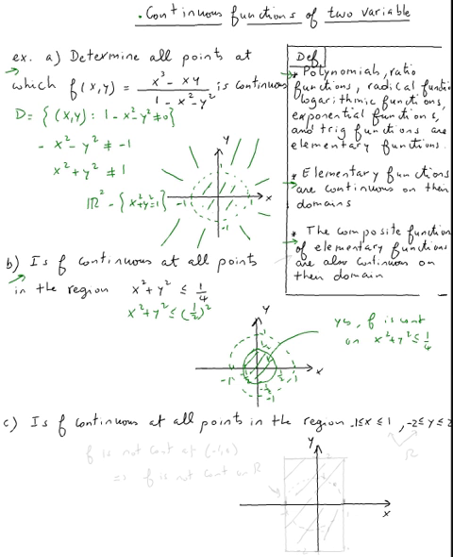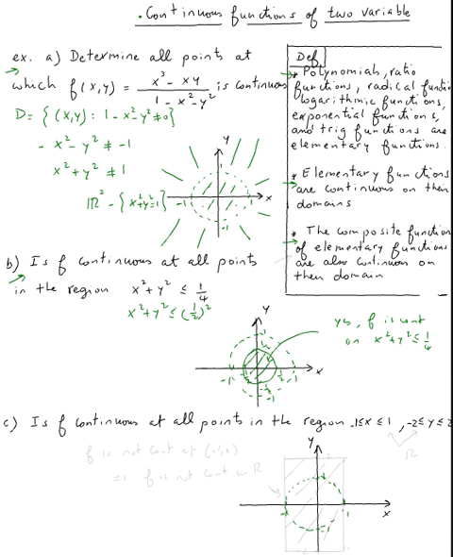Now, is f continuous at all points in the region x is between negative 1 and 1 and y is between negative 2 and 2? So first thing I want to do, negative 1, 1, negative 1, 1. So this is my circle, the original circle.